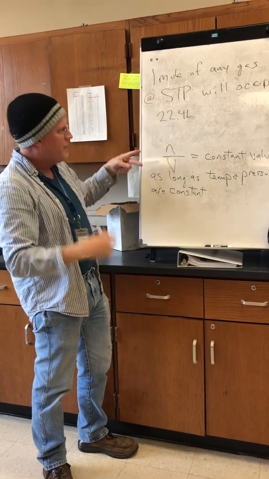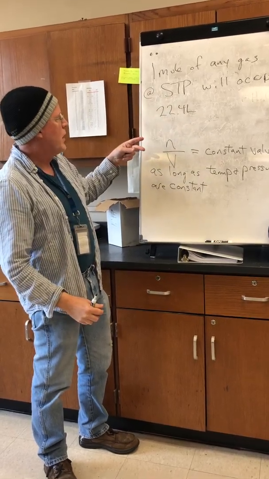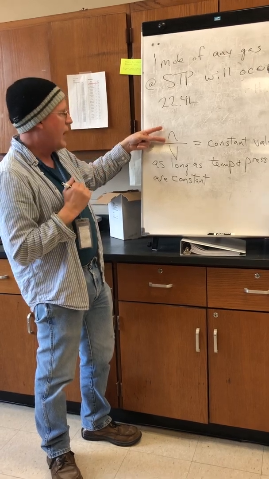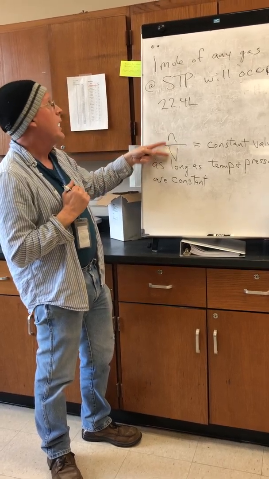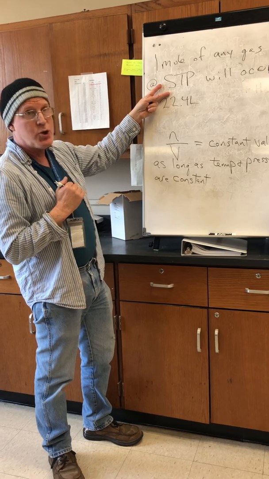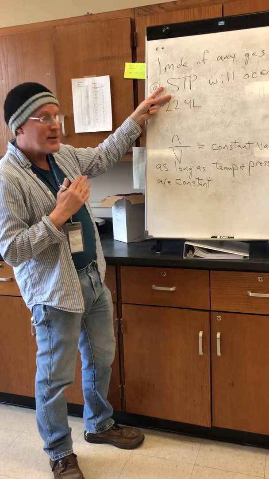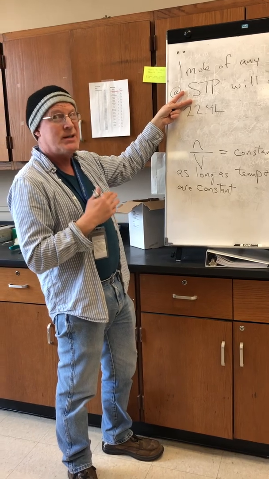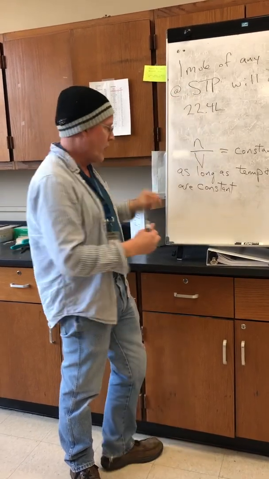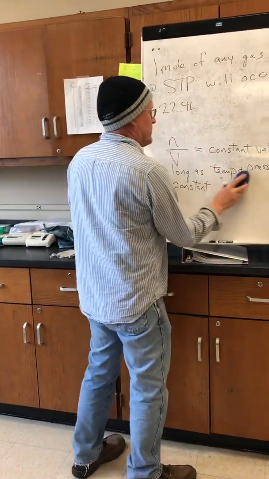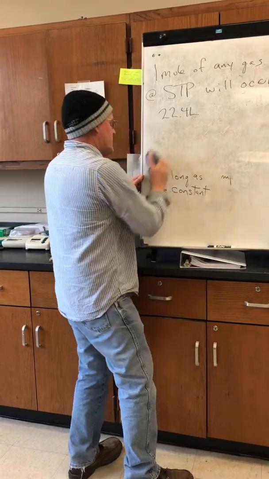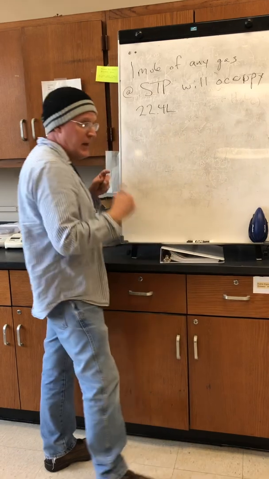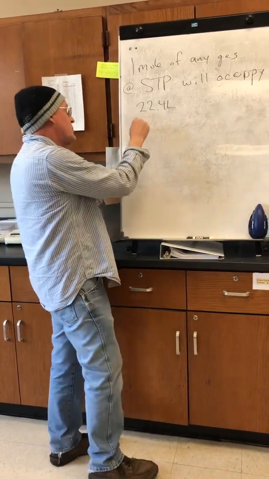Now, to finish off this discussion, like I said, we will prepare a specific number of moles of gas, we'll measure its volume, and we need to make sure that it's at what we call STP. STP stands for standard temperature and pressure. It's a word definition, but it's also a numerical definition.